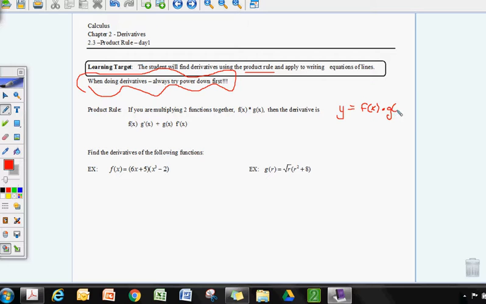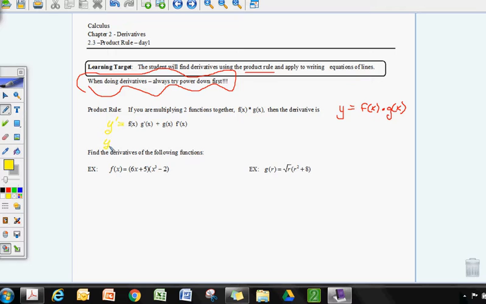Okay, so that's the original equation. I want you to look down here. Do you see how two things are being multiplied together? That's all it means. So my derivative is going to be, and I'm going to color code these notes, y prime equals f g prime of x plus g f prime of x.